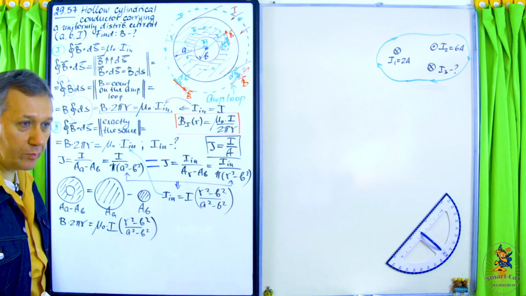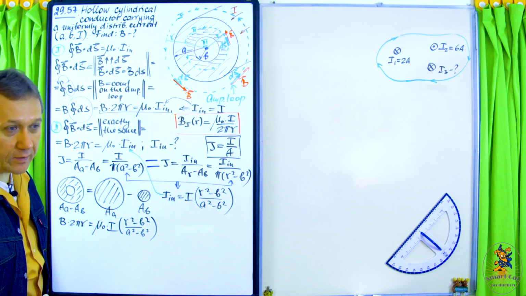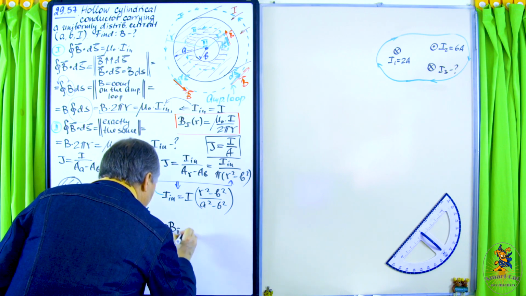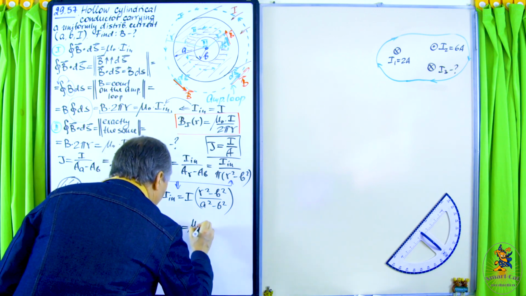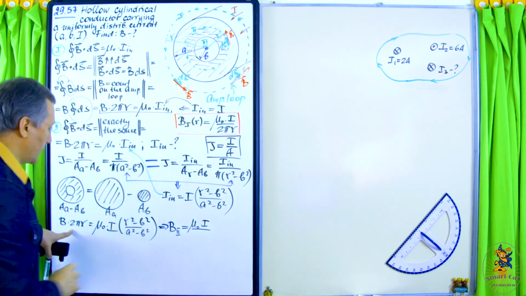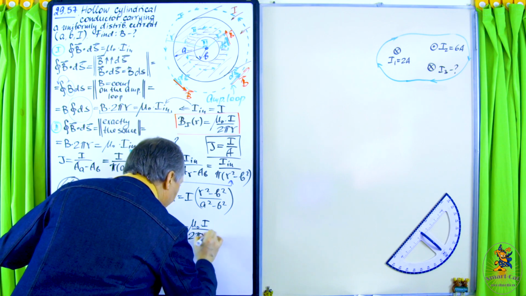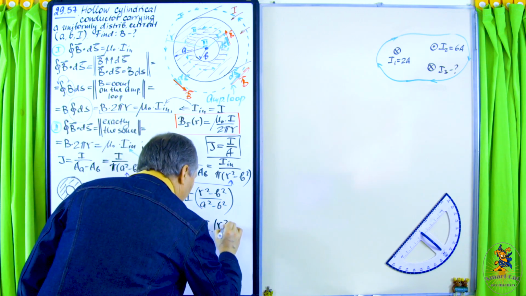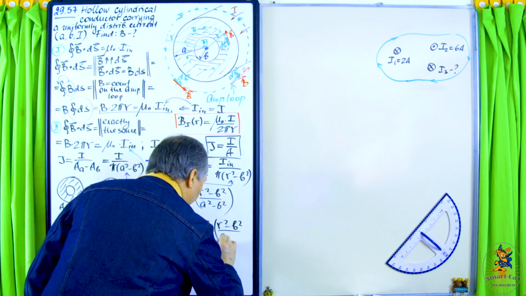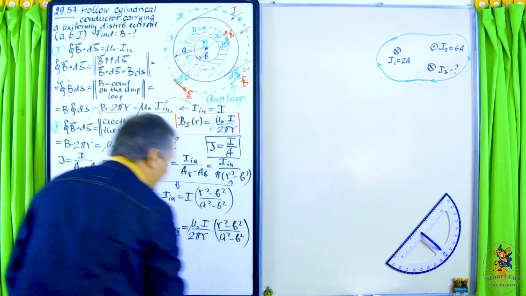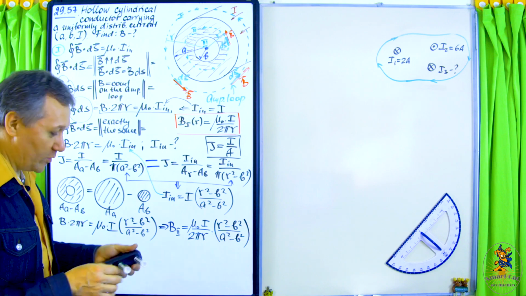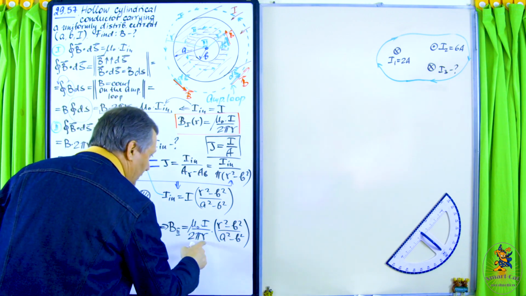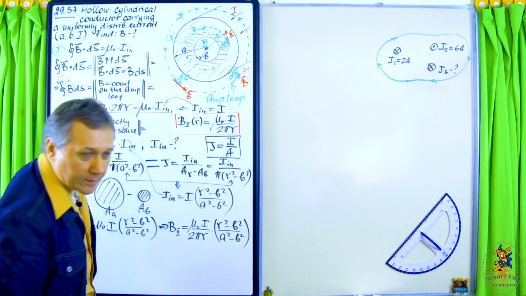Okay, 2 pi R will be moved to the right hand side, and it will go into the denominator, and we will get as a result B in the second region equals mu naught times I divided by 2 pi R, and that ratio of these squares, R squared minus B squared divided by A squared minus B squared. So that's the answer. That's how the magnetic field changes inside of the wire. Of course, with R small, so the variable is R here and there, R squared.